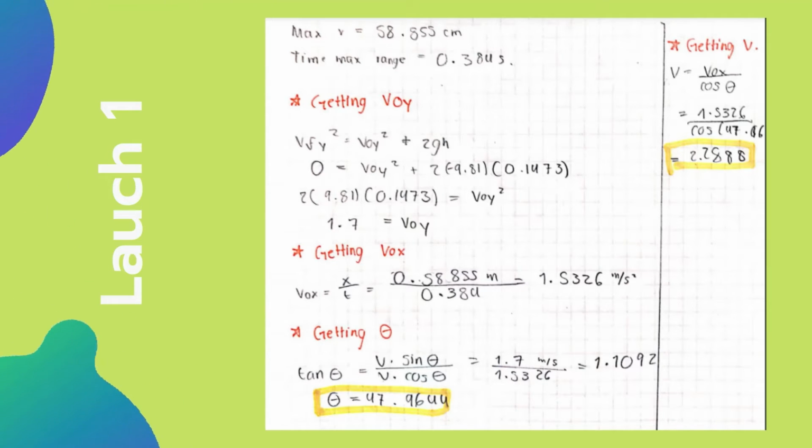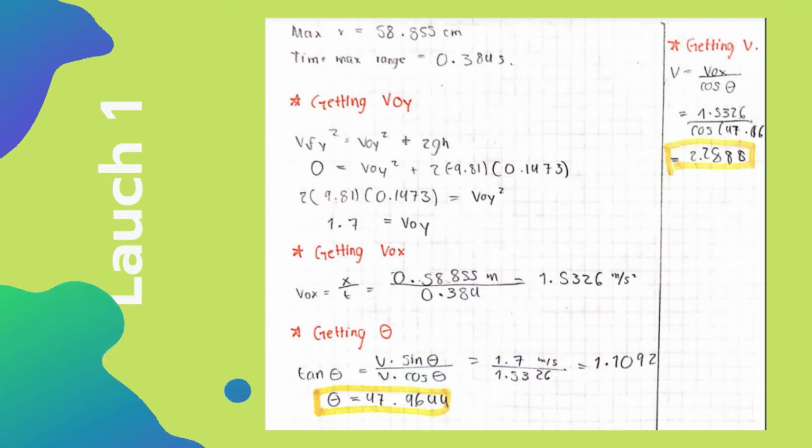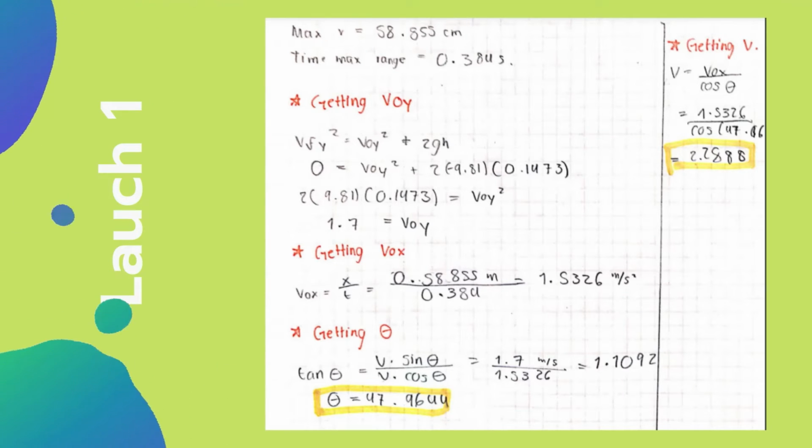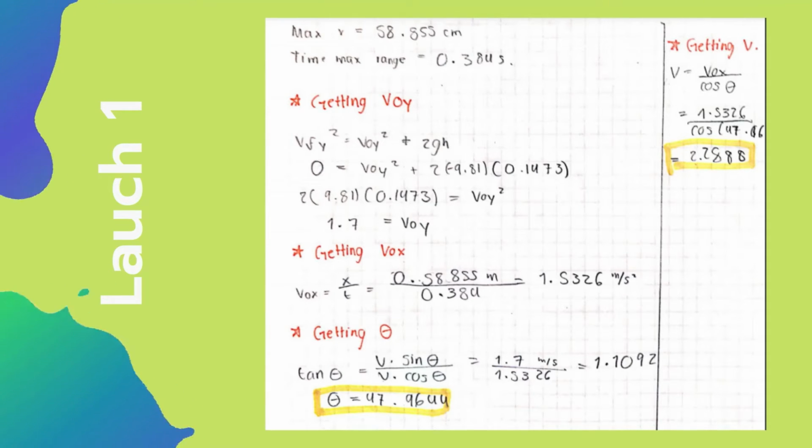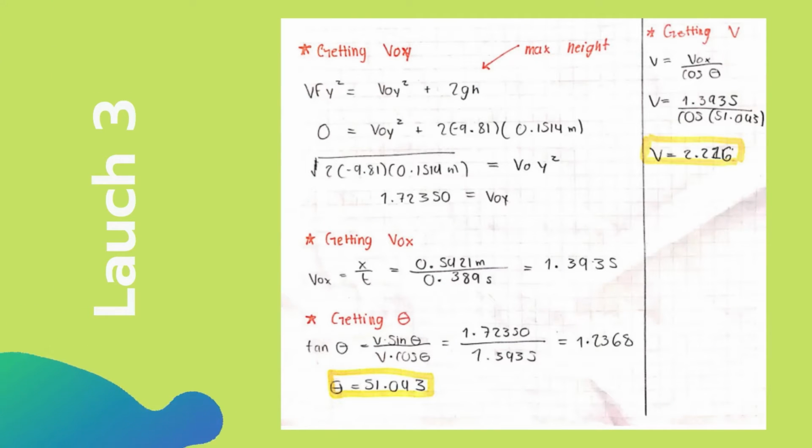I used it because I already had the initial velocity on y and the initial velocity on x, and I got the angle. And finally what I did was to get the initial velocity, where I only solve for v from the formula of the x component of the initial velocity.